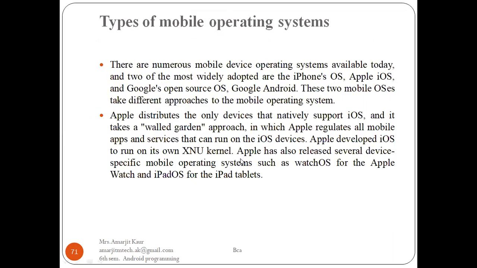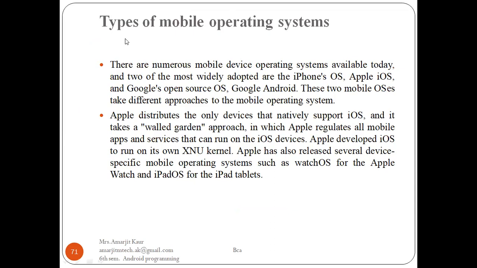Now here are the types of the mobile operating systems. There are numerous mobile operating systems available today, and two of the most widely adopted are the iPhone operating system, Apple iOS, and Google's open source operating system, Google Android. These two mobile operating systems take different approaches.